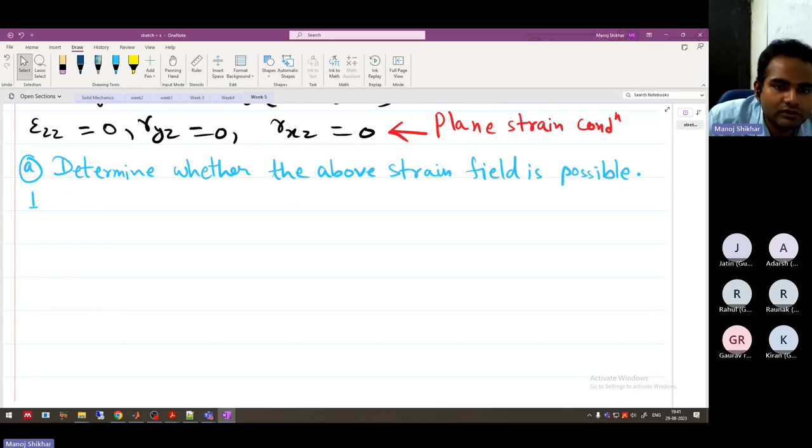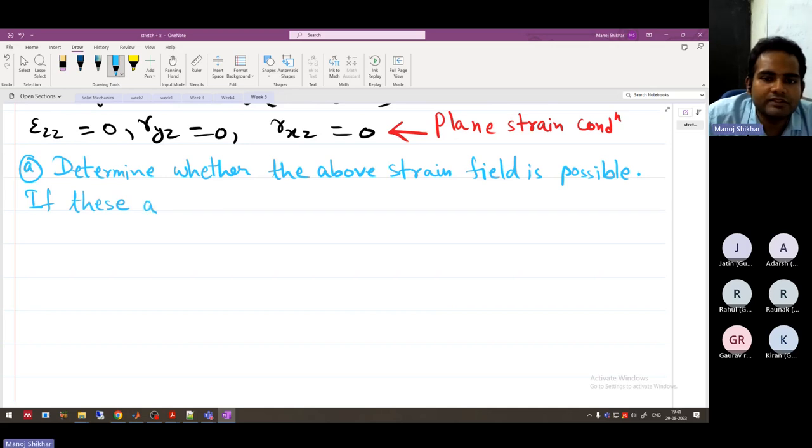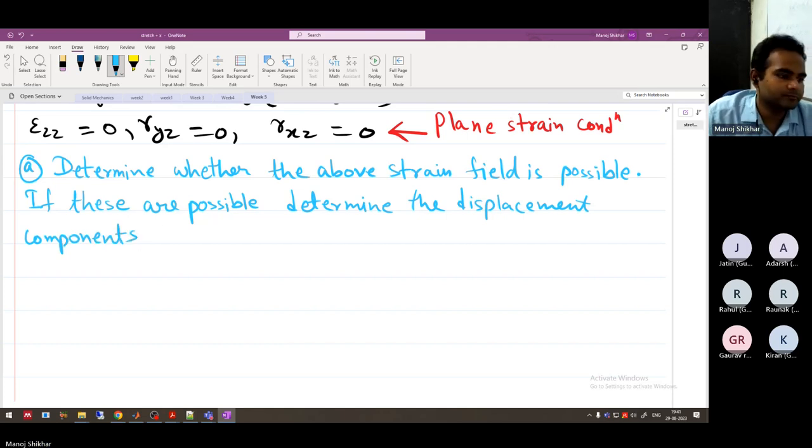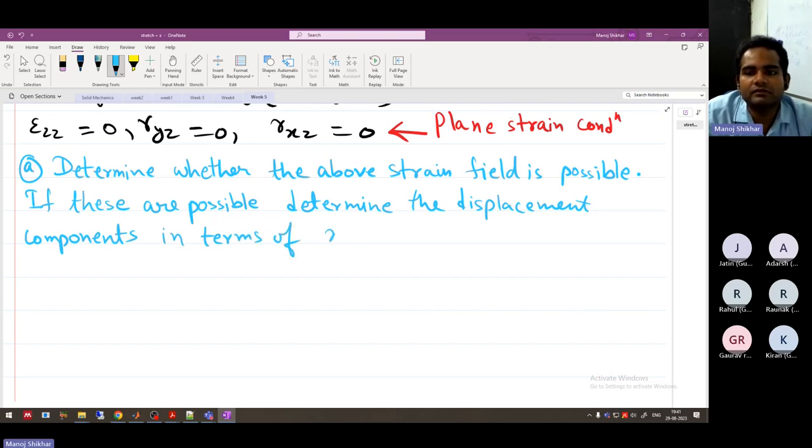Now, if these are possible, the question is: determine the displacement components in terms of x and y.